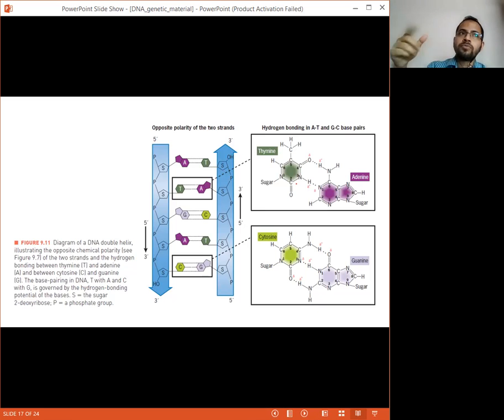That's why you will find that at the start of replication or any transcription process, the starting region is mostly AT rich. That means we find the maximum number of A and T at that particular site, so that using very little energy, that part can be separated.